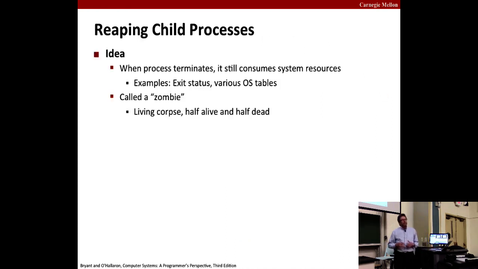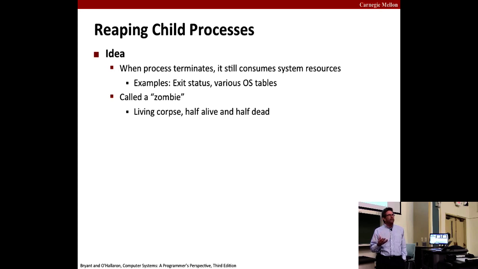All right. Now, when a process terminates, for whatever reason, the system actually keeps it around until it's reaped by its parent. And the reason it does this is that the parent may want to know about the exit status of the child. So if a parent creates a child, it may want to wait for that child to finish and check its exit status.